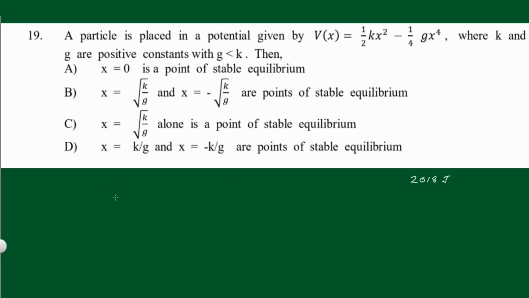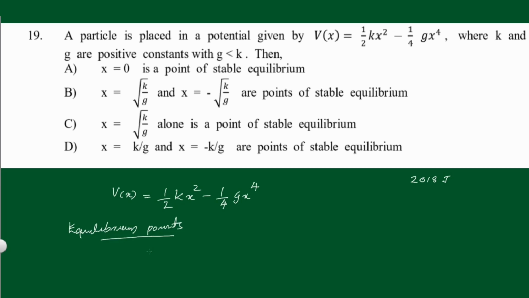So here what is given is potential V of x, and V of x equal to 1 by 2 k x square minus 1 by 4 g x raised to 4. First we want to find out the equilibrium points.